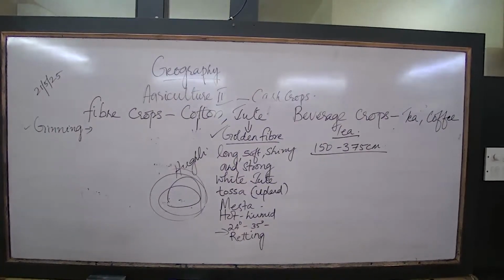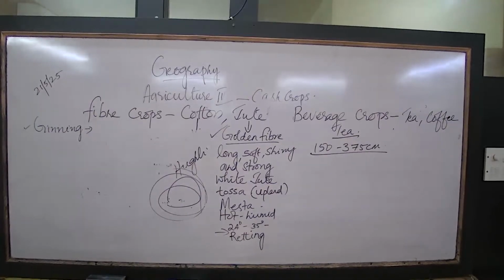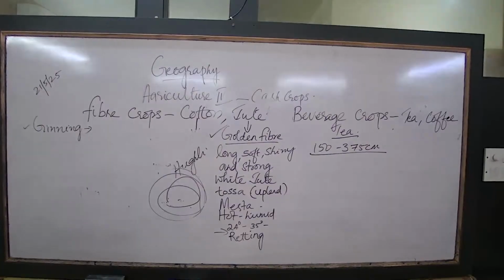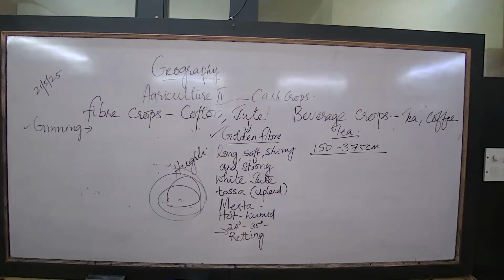Robusta and Liberica. Now climatic requirements: 15 to 28 degrees Celsius temperature, 150 to 200 centimeters of rainfall, well distributed throughout the year. Soil: well drained, friable loam soil, rich in vegetable matter. South Indian conditions are suitable, especially Kerala and Karnataka, the major coffee producing areas.